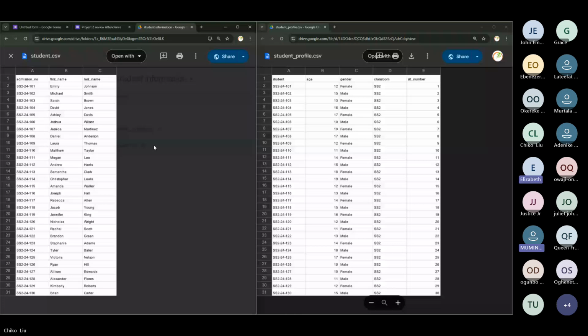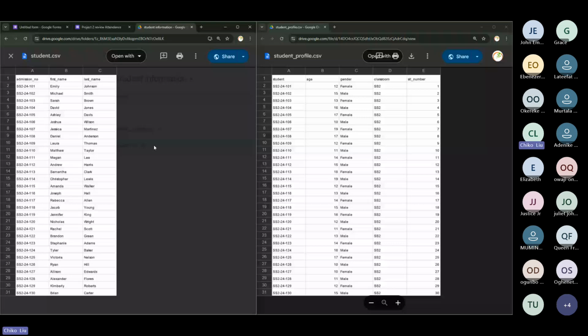For the left table, the table has student and student profile. For the student table, the admission number is the primary key, while for the student profile, the seat number is the primary key, while the admission number is the foreign key there. That is, the student is the foreign key for the student profile.